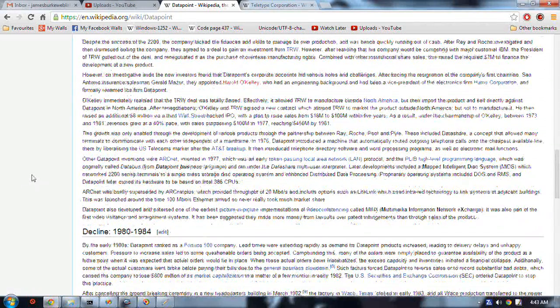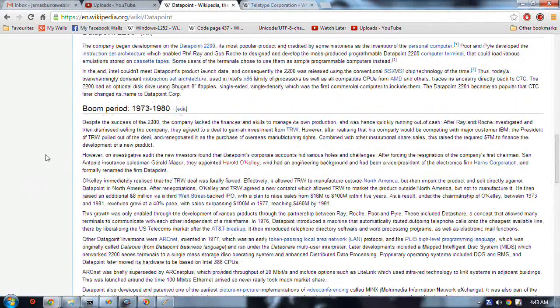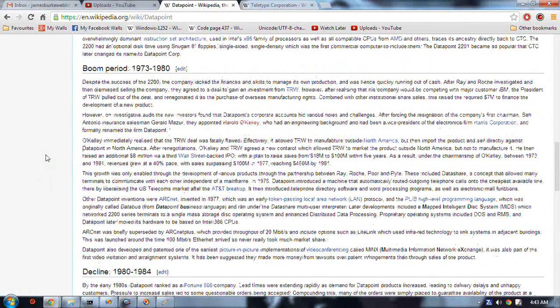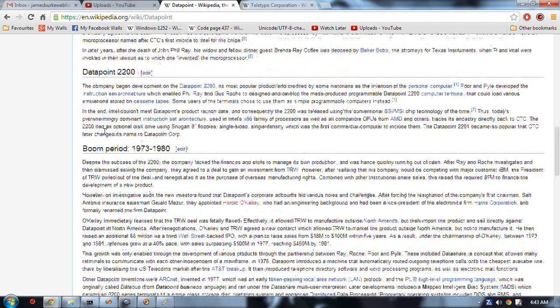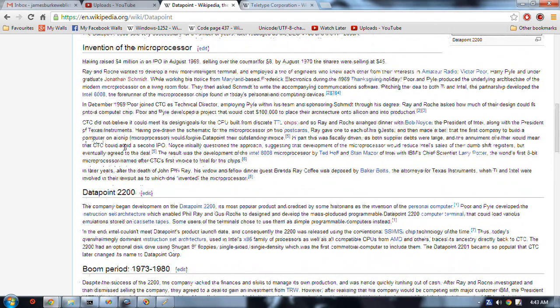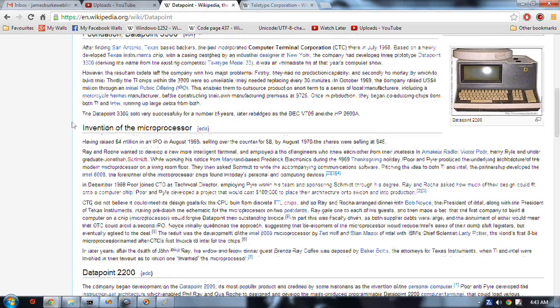I think the world today would look not much different from the world of the 1970s if it hadn't been for that toy that those guys made. Remember that this thing, the Datapoint thing, was designed as an input device.